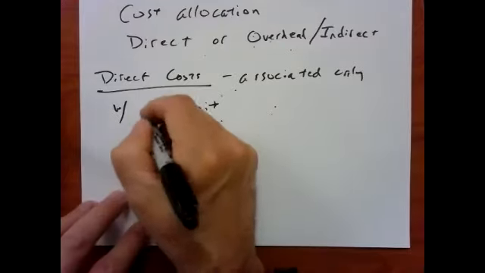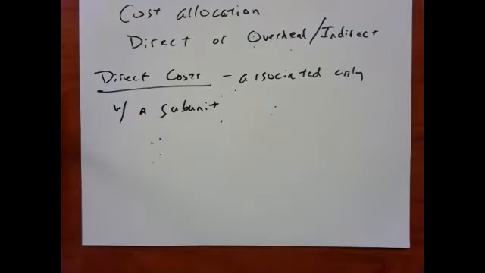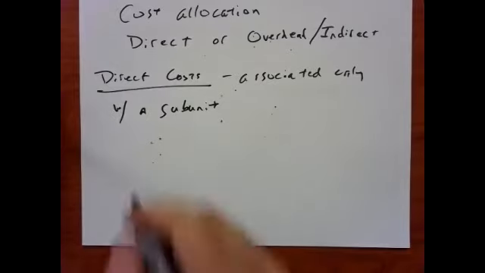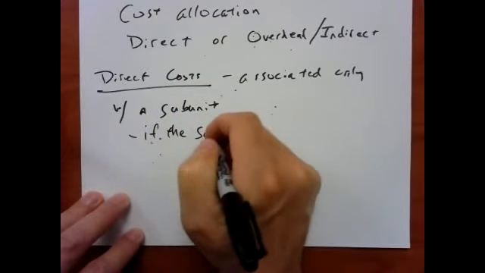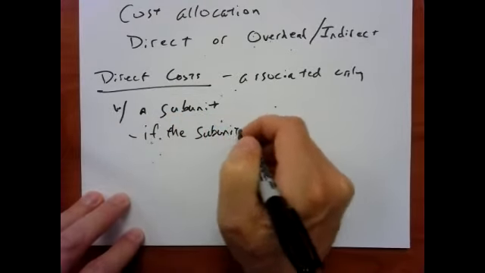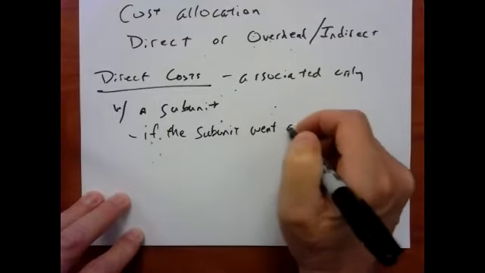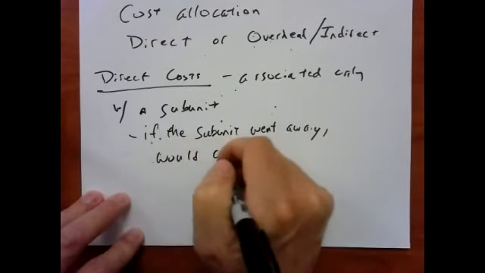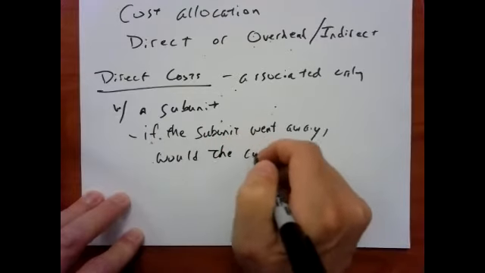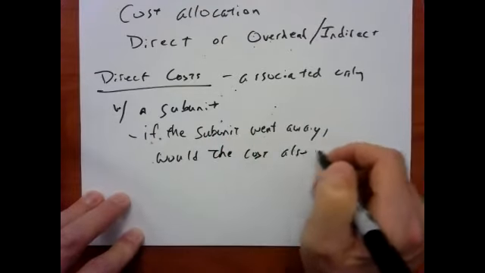And the key, when you ask yourself, is this a direct cost or is this overhead? One way to diagnose that is, if the subunit went away, would the cost also go away?